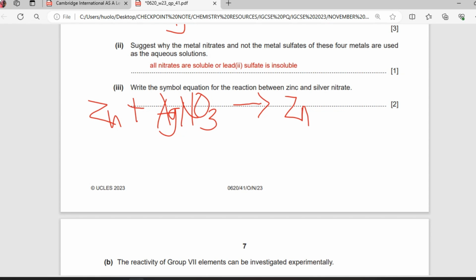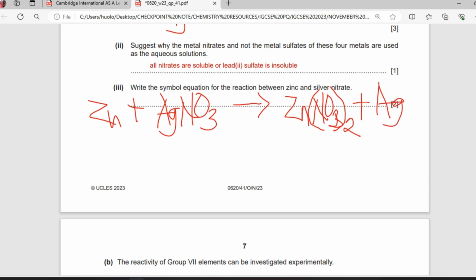So if zinc is a +2, it is going to exchange charges such that the nitrate ion will be in brackets, and we give it the charge of zinc, which is 2. Okay, so you are able to write that formula, and silver is displaced.